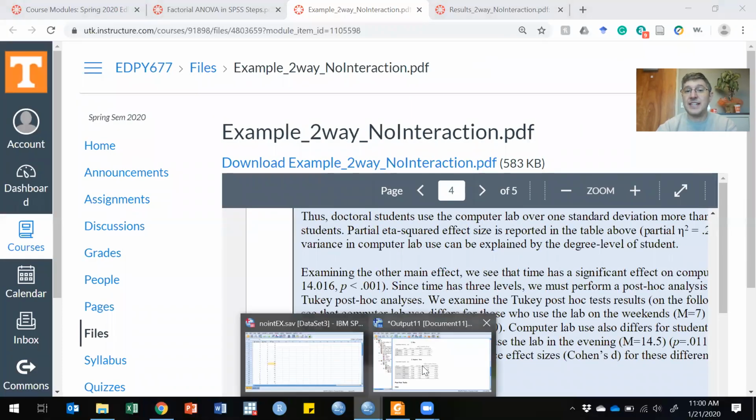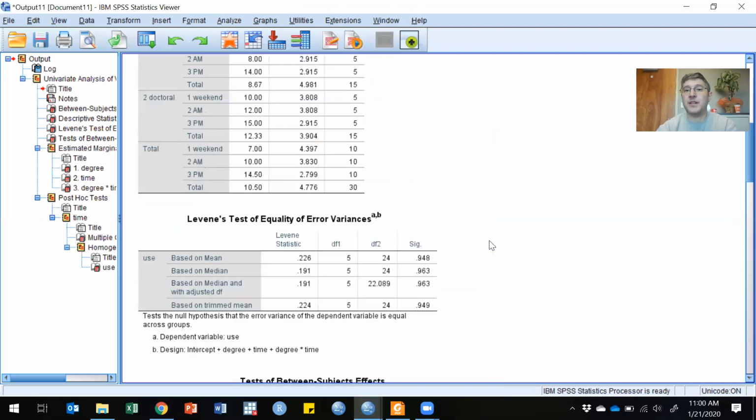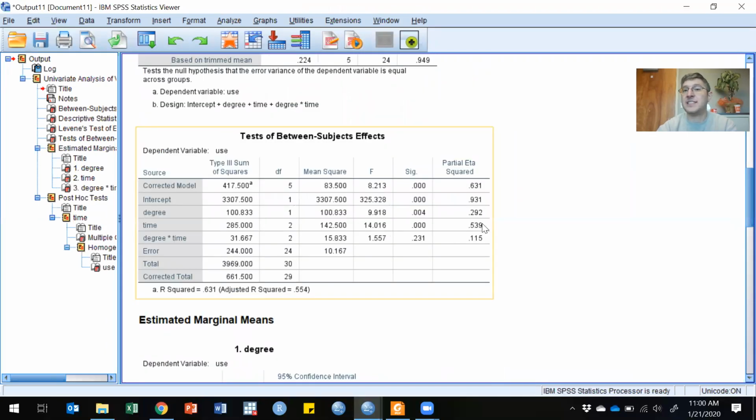And there's also a partial eta squared effect size we can interpret here too. So it's a variance explained effect size. The time of day students use the computer explained around 54% of the variation in computer lab use time.